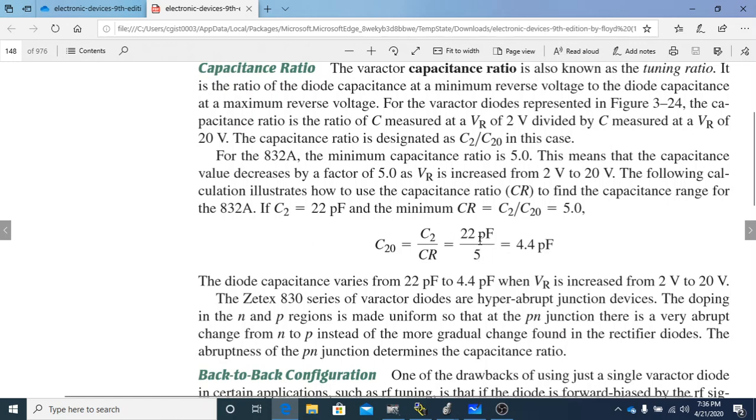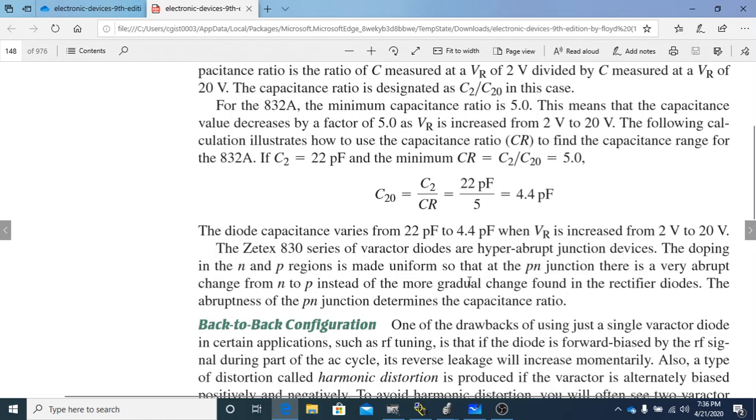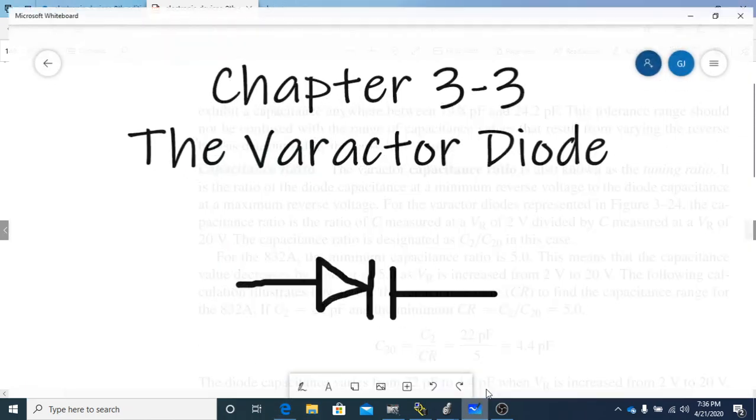So we take those two numbers we found in the data sheet, plug them into this formula, and the result we get here, the 4.4 picofarads, is going to be C20. Okay, so that is the range of capacitance based off the voltages between the 2 and 20 volts that come off the data sheet. Okay, so we're going to do a few of these.